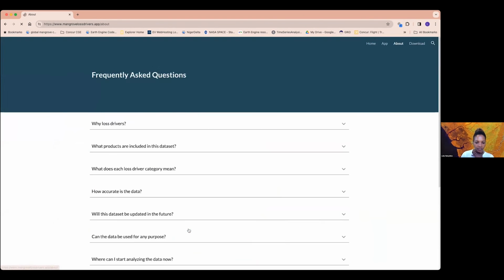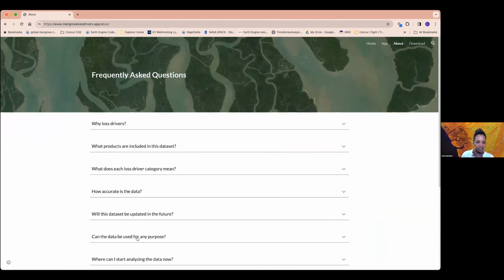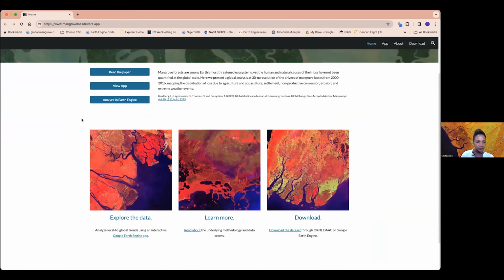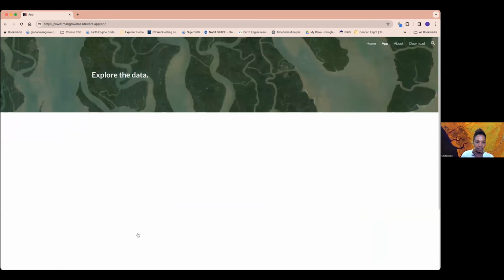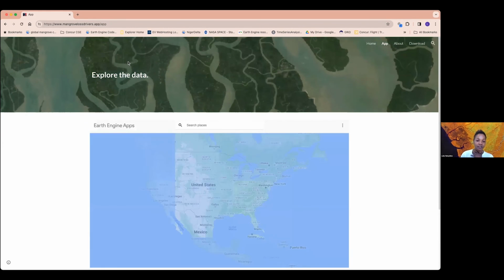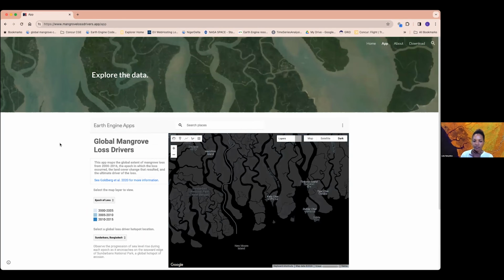So if we click here, here's the methodology. It gives you a little bit more detail. But you can also explore the data online. Essentially what we used is time series analysis. Everything was done in Google Earth Engine.